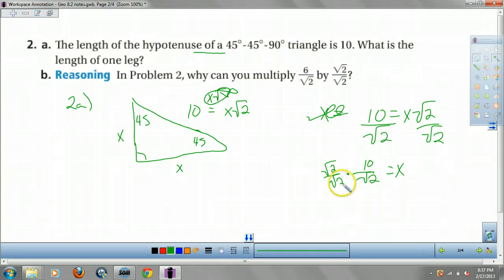And remember, square root 2 times square root 2 is 2. 10 times square root 2, right? 10 divided by 2 is 5. So 5 root 2 is my final answer. Okay?